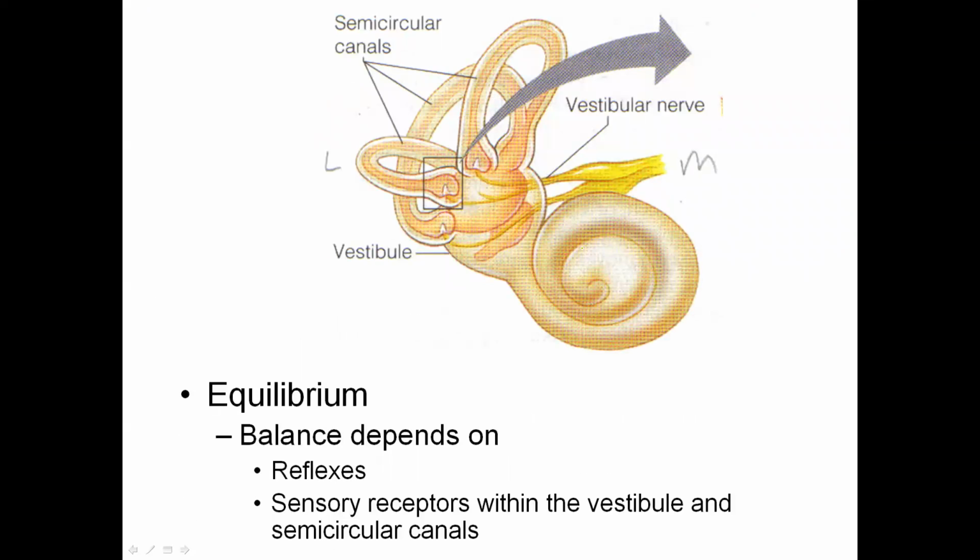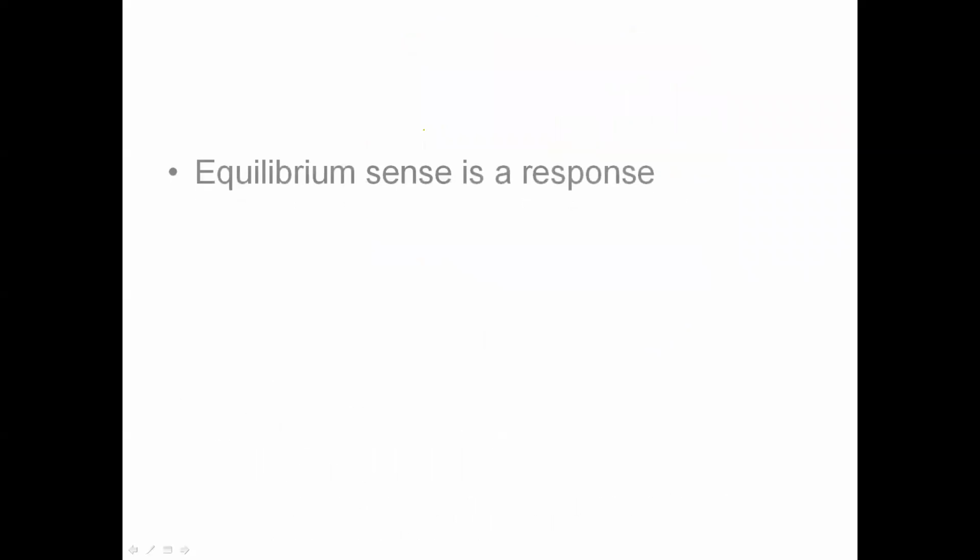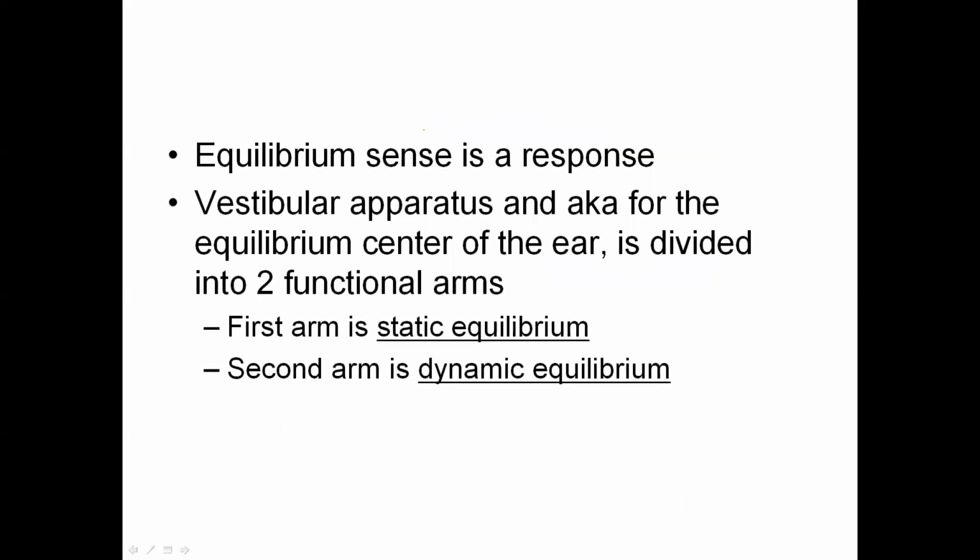All right. Equilibrium, which is balance, is another function of the inner ear, and more specifically the vestibule and the semicircular canals. So these areas are responsible for helping you balance. We have two parts to our balance.